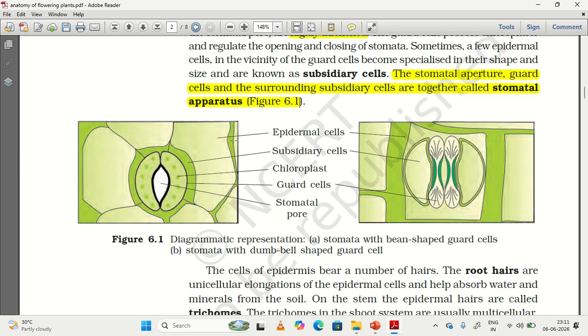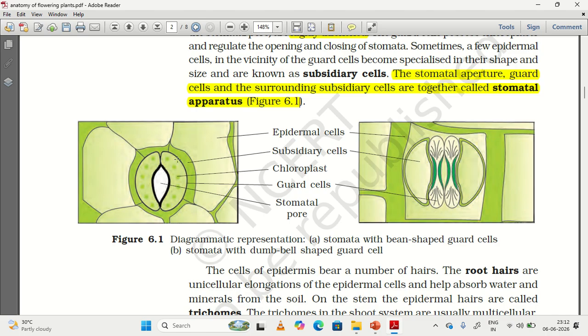These are the epidermal cells, and surrounding the guard cells, which are bean shaped, we have the subsidiary cells, and these subsidiary cells have chloroplast. Inside these guard cells you can see the stomatal pore, which helps in gaseous exchange and also transpiration.